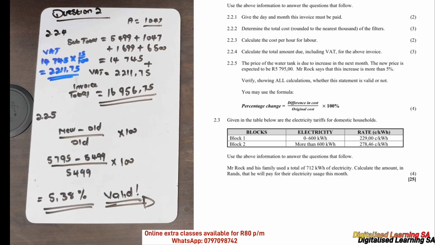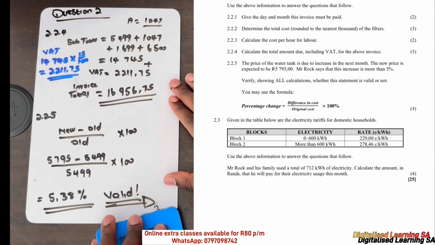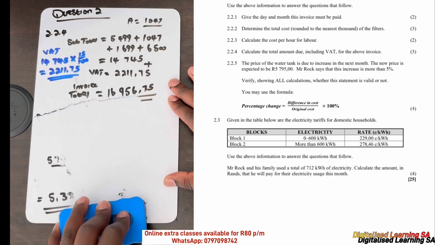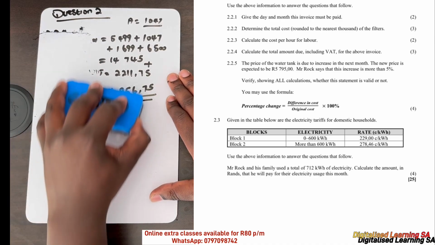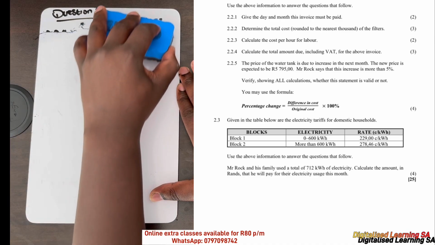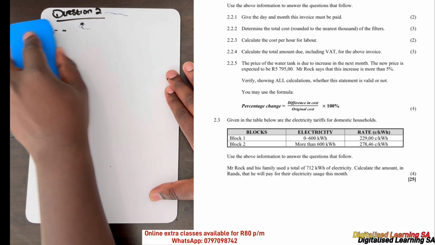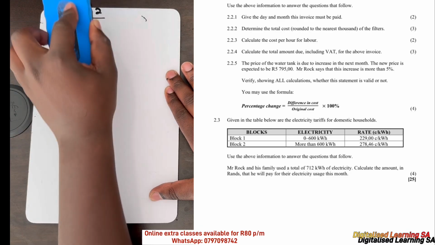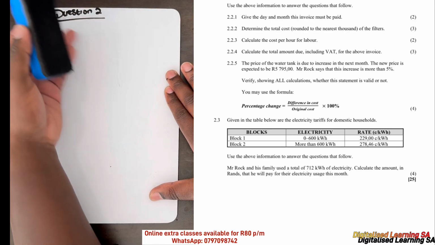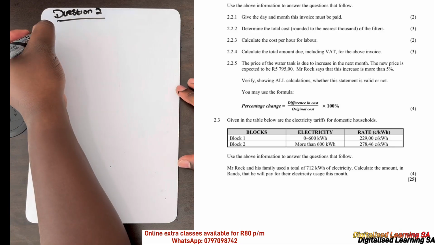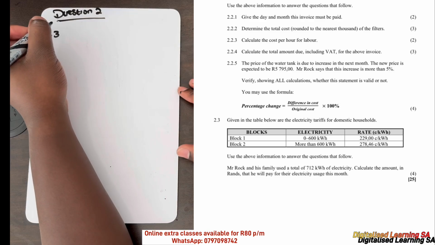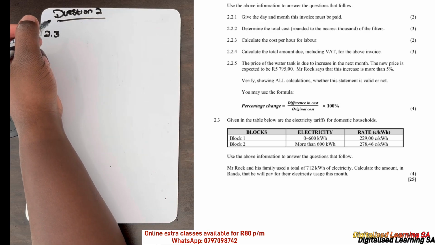Okay, so now let's move to our next question, which is question 2.3, which I believe has to do with tariffs.